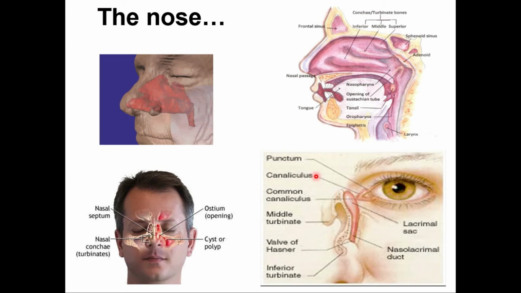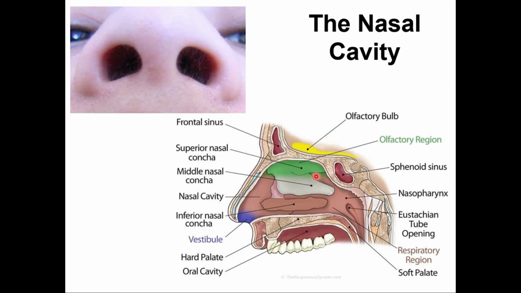Now, if we look into the detail of the structure of the nasal cavity, we notice that the upper respiratory tract begins with the nasal cavity. The nasal cavity opens anteriorly on the face through the two nares here, and posteriorly into the nasopharynx through the two choanae.